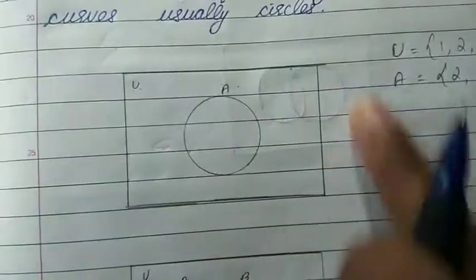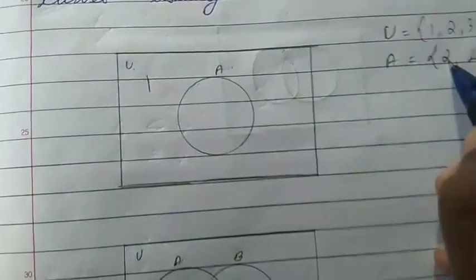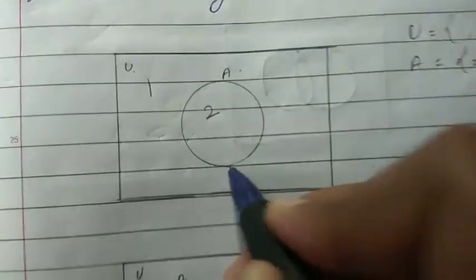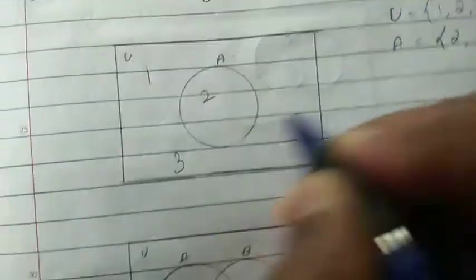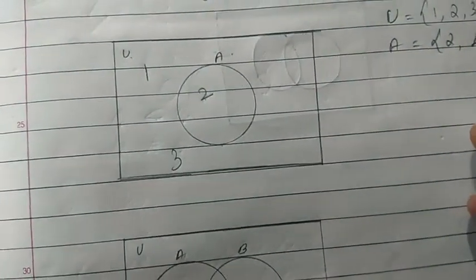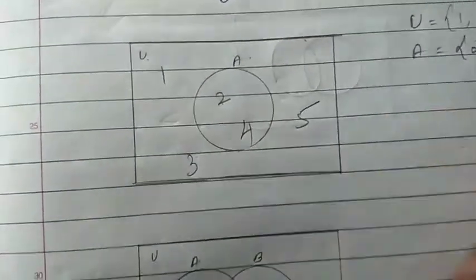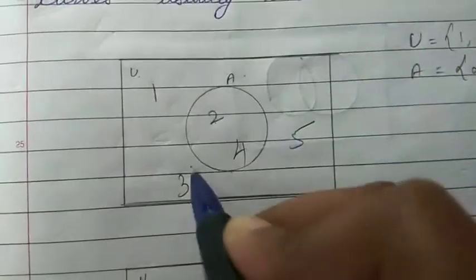So I will write 1. In set A, I have 2, so I will write 2 over here because this belongs to A as well as the universal set. So I'm writing it inside the circle. 3. Next is 4. 4 is represented in A also. So 4 and 5, you can write anywhere, but this condition should be satisfied.